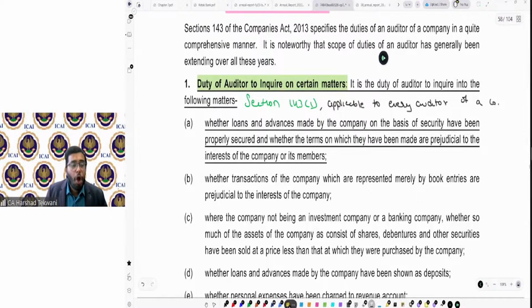So the auditor is required to verify whether loans and advances made by the company on the basis of security have been properly secured, and whether the terms of loans are prejudicial to the interest of the company, that is, impacting negatively the interest of the company. That we as auditors verify while doing the audit only.